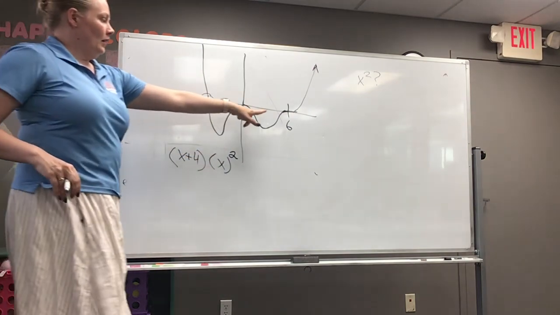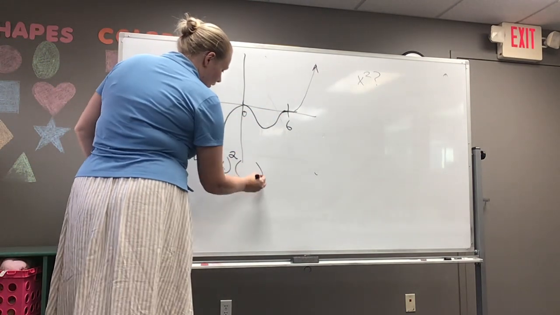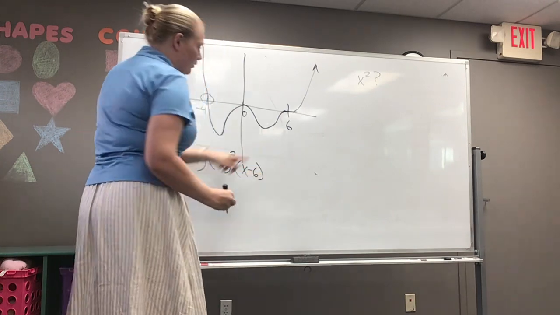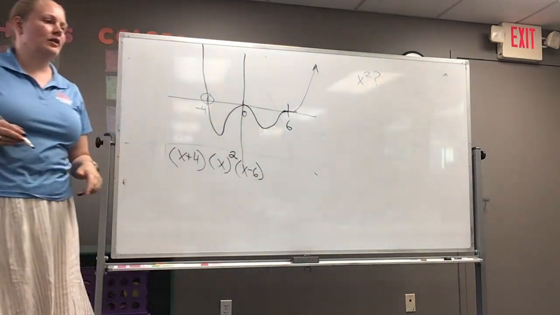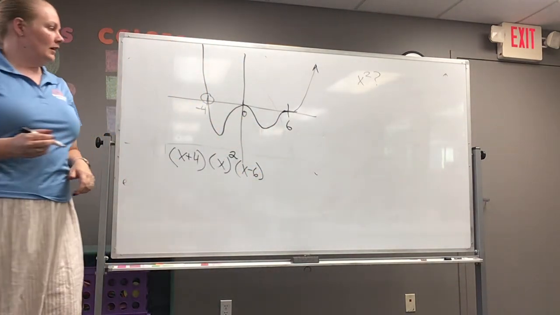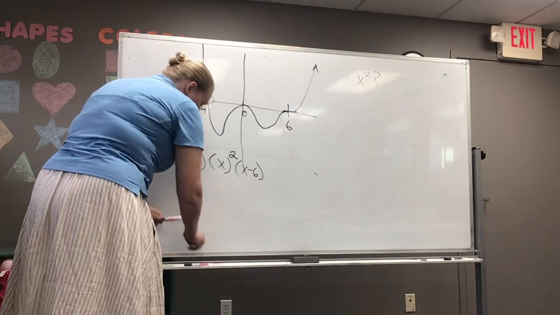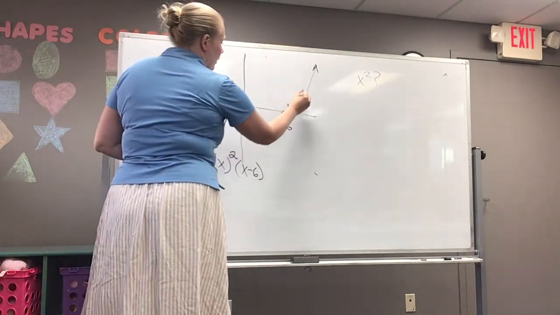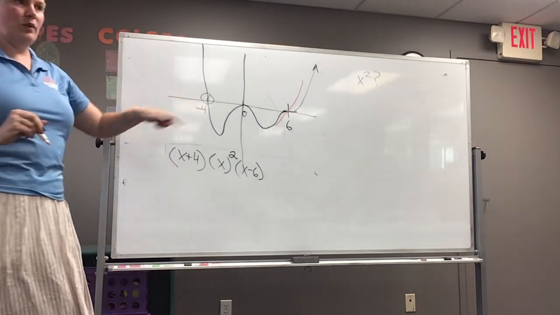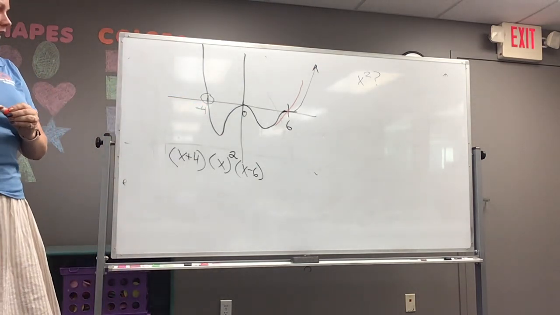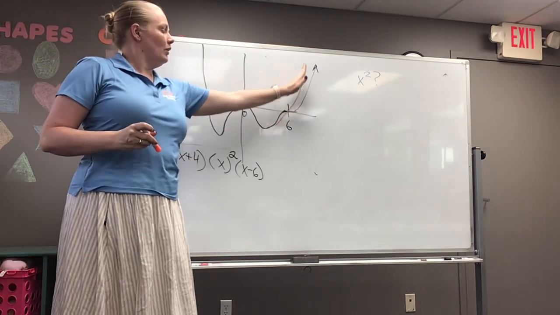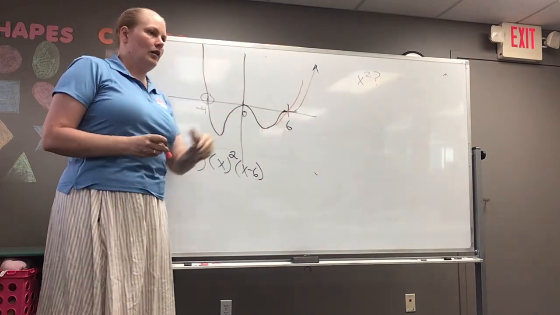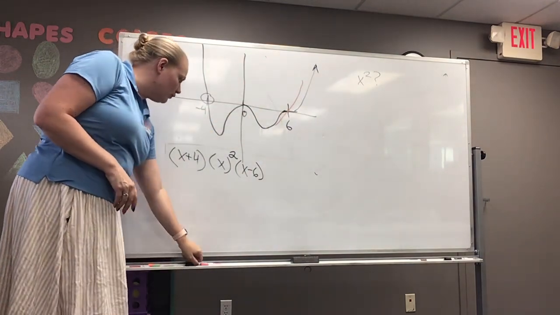And then finally, our last zero is at x minus 6, because 6 makes a 0. But it's not a nice, pretty, just crossing the way this one was. In order to have it do that flatten, that would be a third degree function.